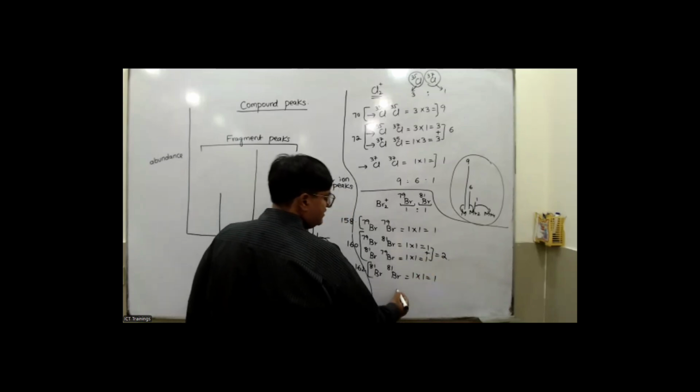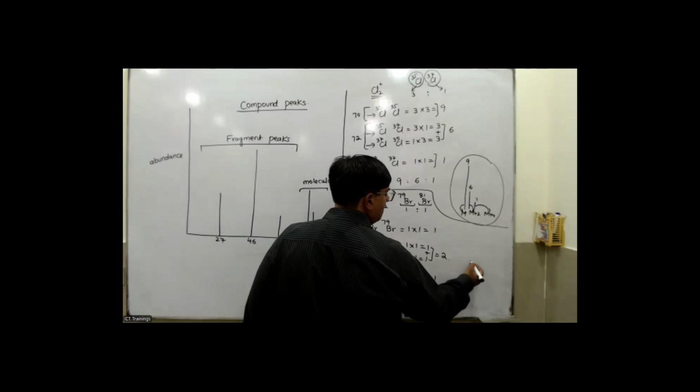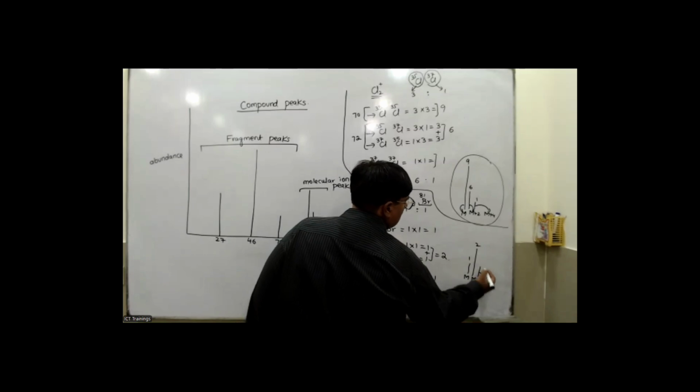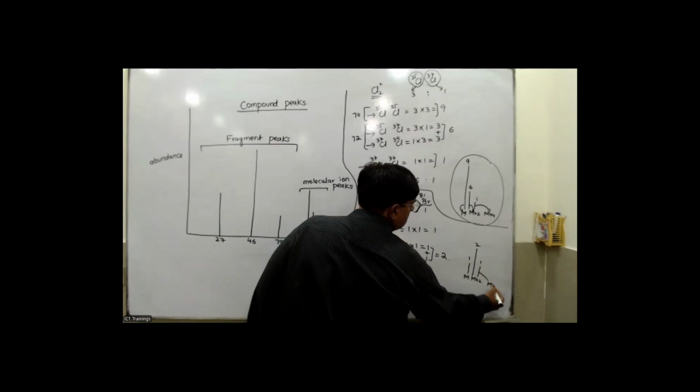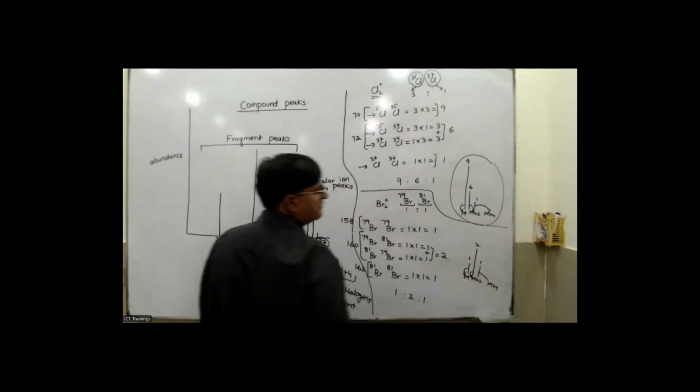Okay, so you got the ratio 1:2:1. The first peak is 1. The M plus 2 peak is double, and then M plus 4 peak, that is 1. Okay, this is M plus 2, and this is M plus 4.